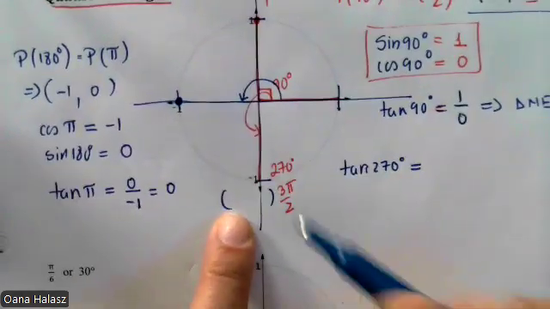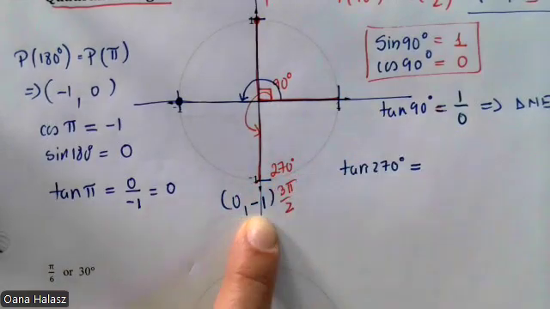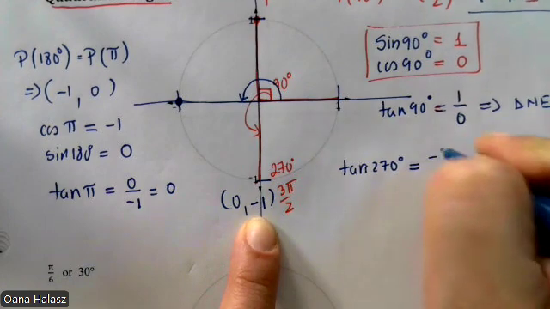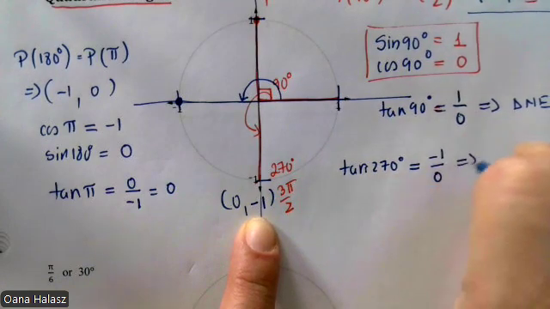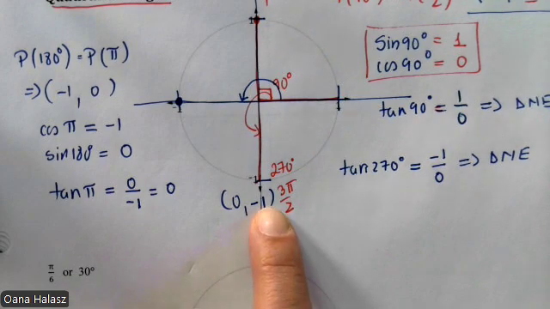What's x for this? 0. What's y? -1. If I do -1 divided by 0, does not exist, or undefined again. So again, tangent doesn't have values at all of the coterminal angles with 270 or 3 pi over 2.